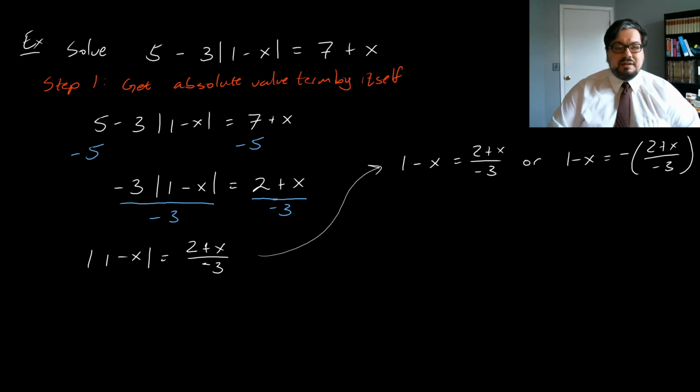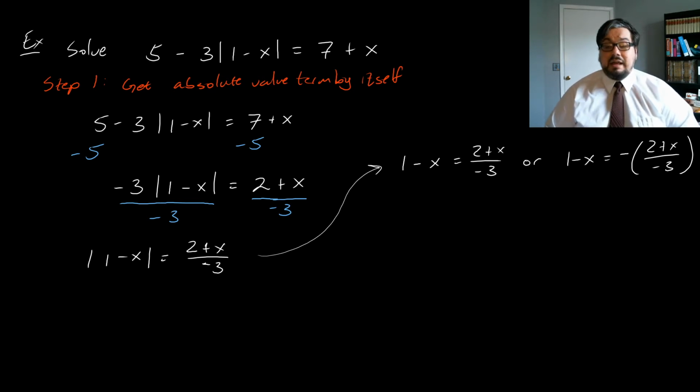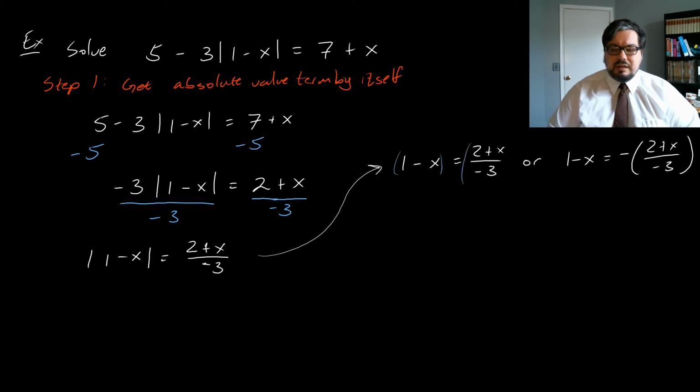And now we can go through and solve these problems however we like. So in this equation, I'm going to multiply both sides by negative 3 in order to get rid of that denominator.